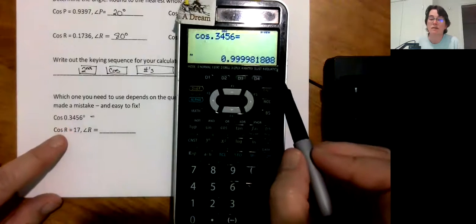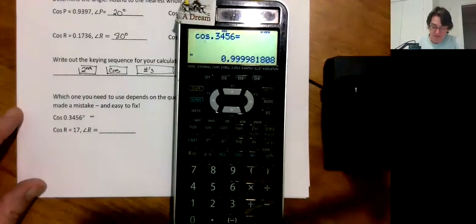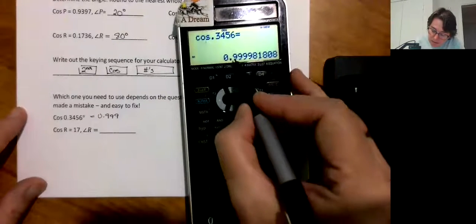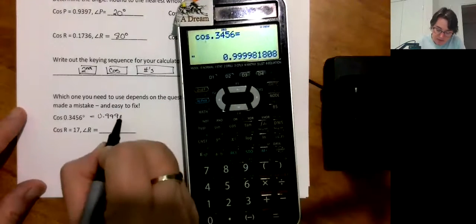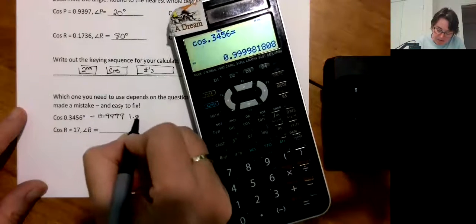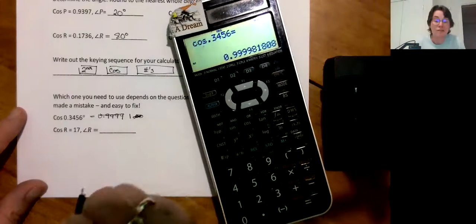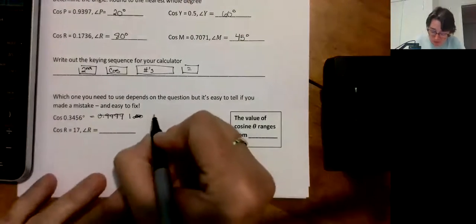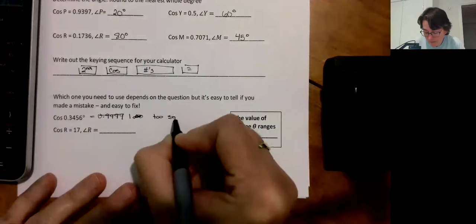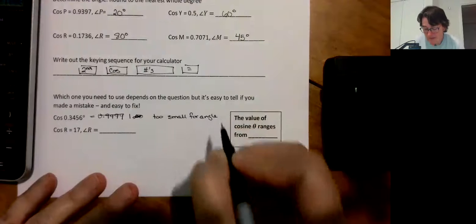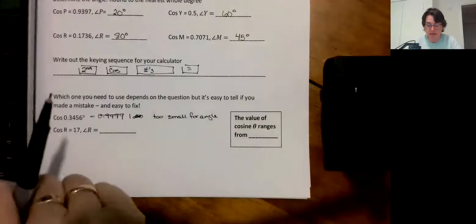Okay, look, we're getting 1 again, or really, really close to 1, right? 0.999. As I said, 99% of the time that's going to be too small for an angle.